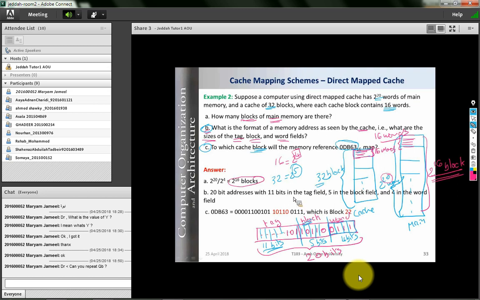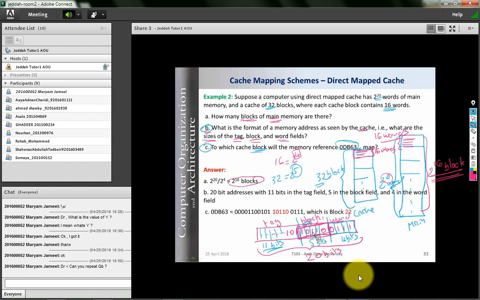Now what is the block? To which cache block will this memory reference map? Using this format, here we have the block number, which is 01101. So we have 1, 2, 4, 8, 16.